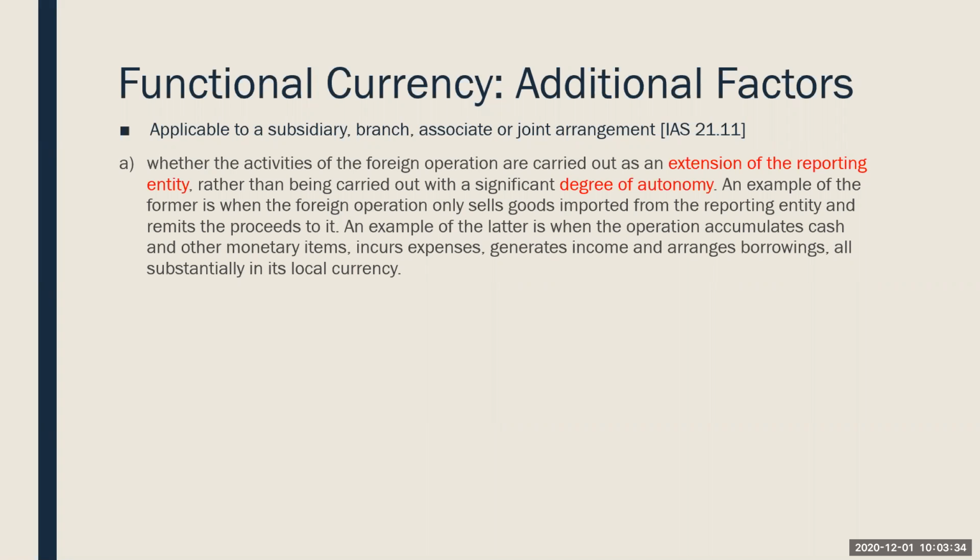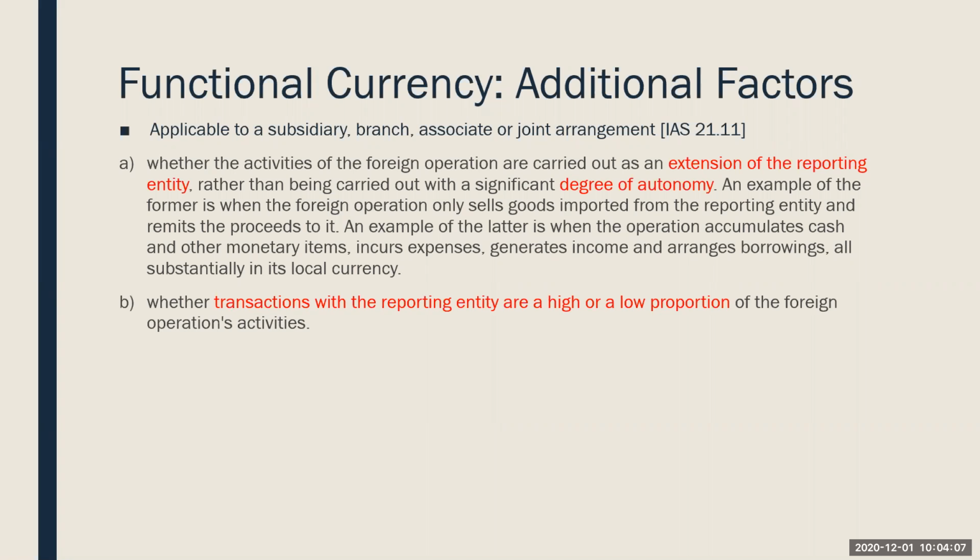If it has significant autonomy and most of its transactions occur in the local currency of where it operates, then the functional currency would likely be that of the foreign country in which it operates. If most of its operations are in Canadian dollars and it sends back the proceeds of sales to Canada, then the Canadian dollar will end up being the functional currency.